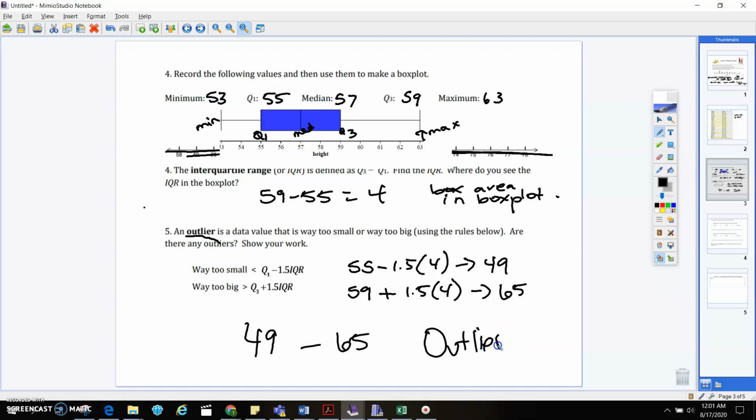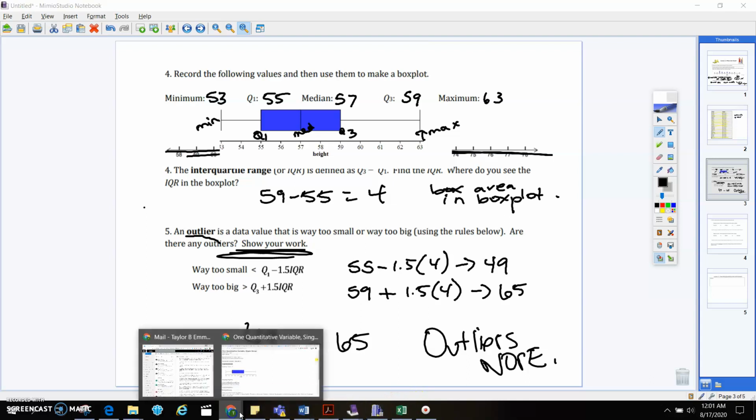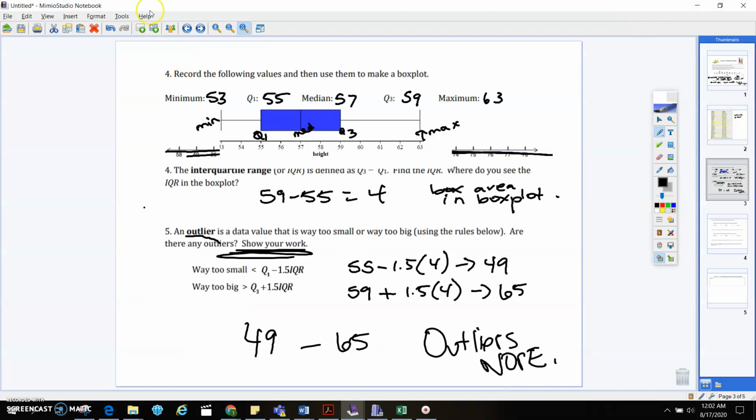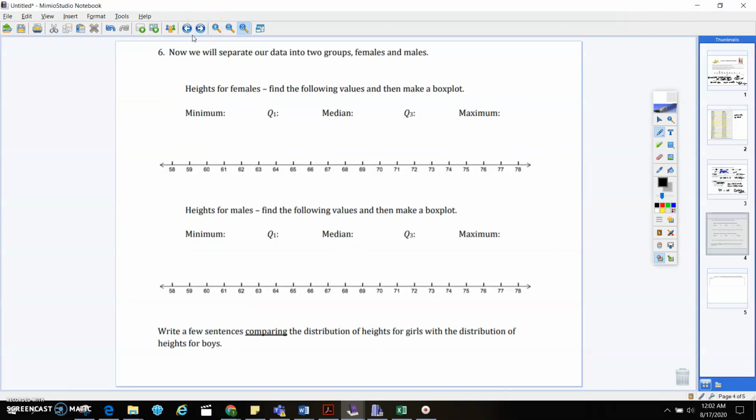Nope, not for this one. And again, you must show your work on that one. You can't just go over into Stapplet and skip the work. In Stapplet, sometimes it'll tell you whether or not there are outliers, but not always. In this case, we don't have one.